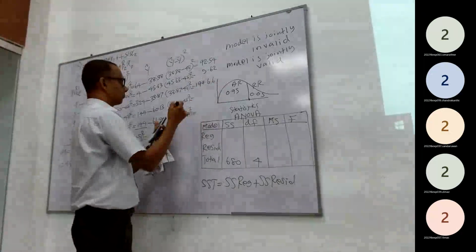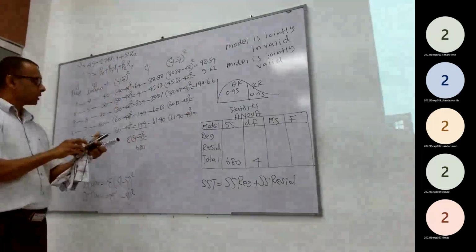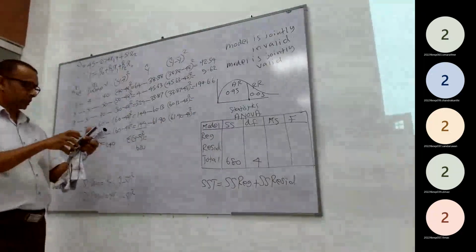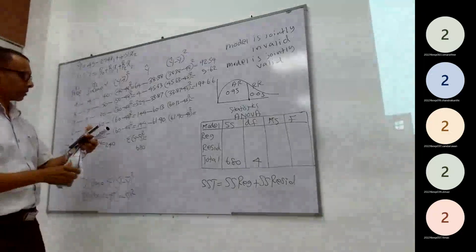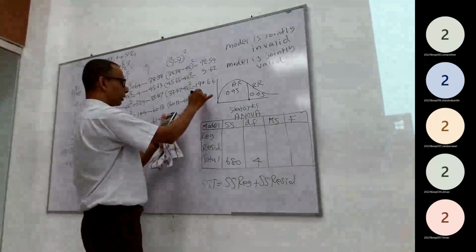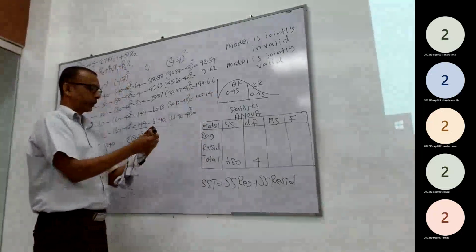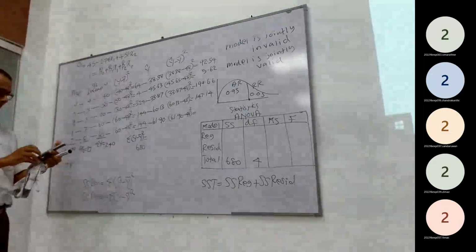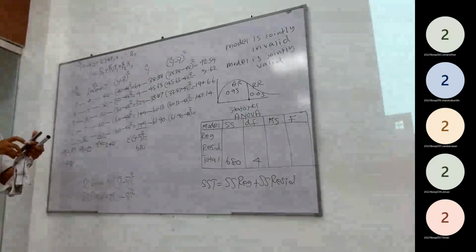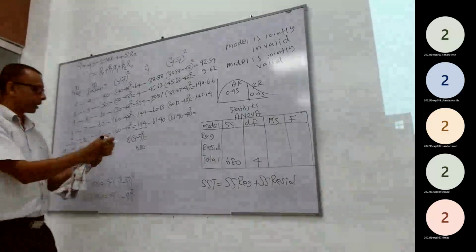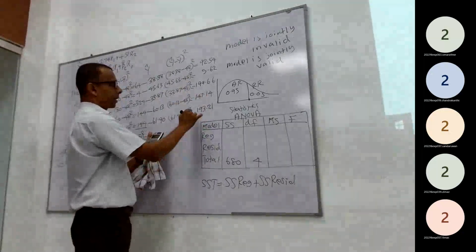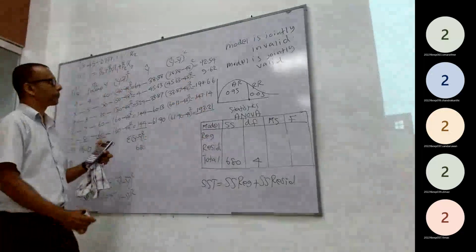Therefore, 199.66. 60.13 minus 48, then the square of that, 147.136, which is 147.14 to 2 decimal points. 61.9 minus 48, square of that is 193.21. Now take the summation of that.